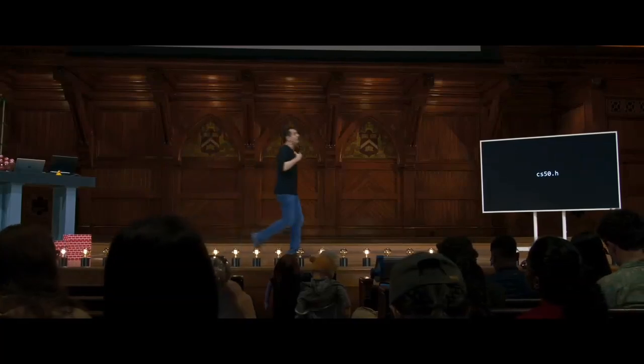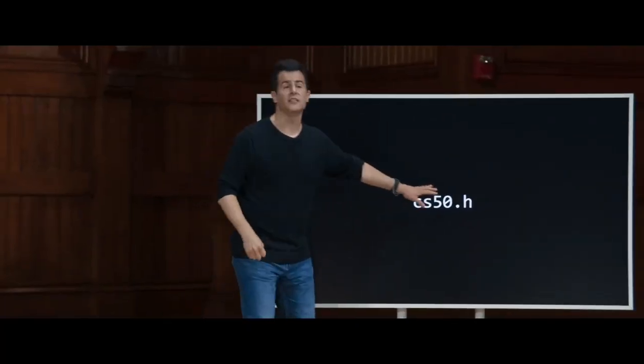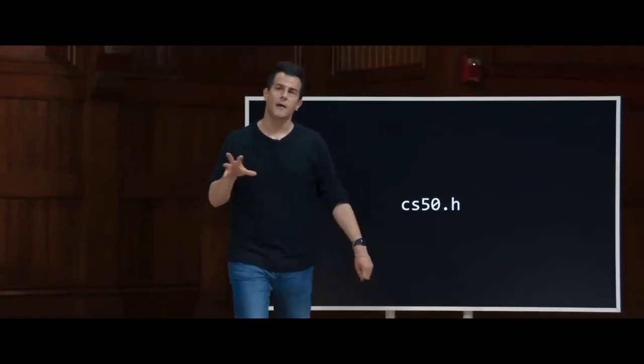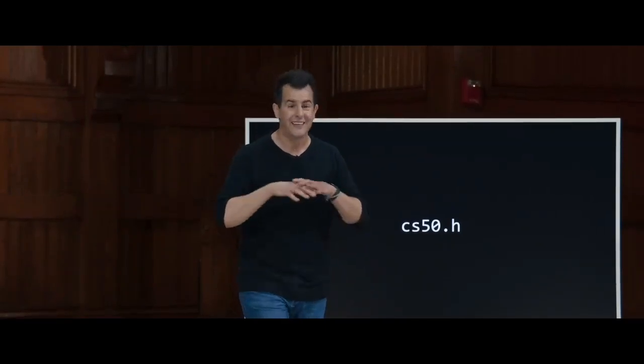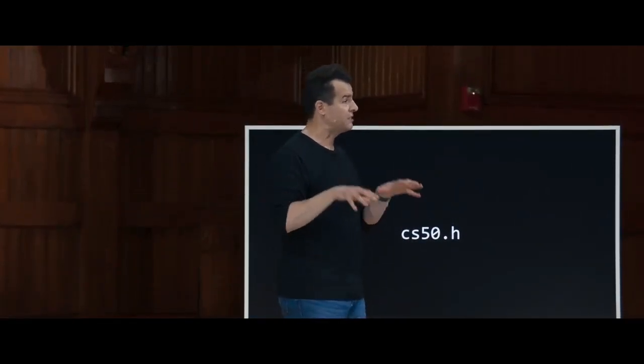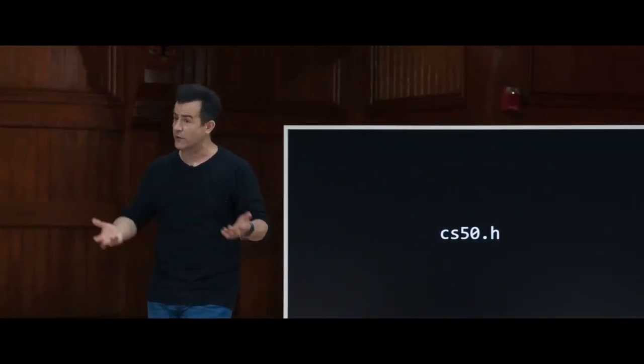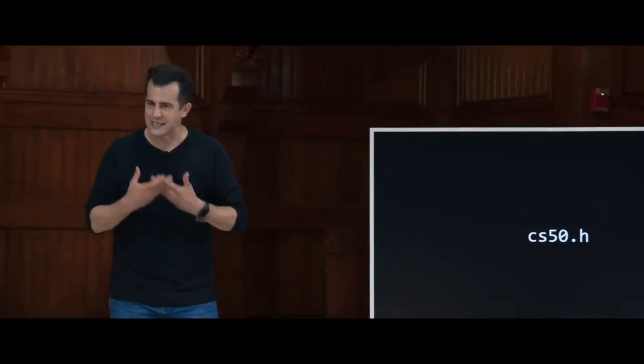But what is important to know for CS50 today is that we have our own header file called cs50.h, which has functions that we have written just to make life easier in the first few weeks of the class. These are training wheels that will eventually take off. But it turns out in C, especially if you've programmed before, it's actually really hard and annoying just to get input from users, to get them to type a word or a number or something else.